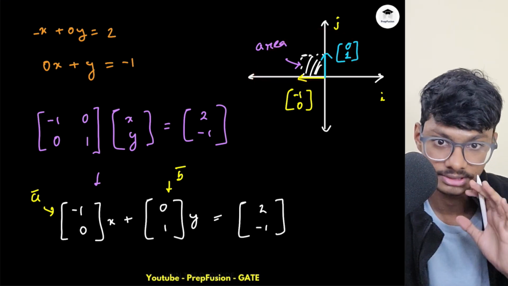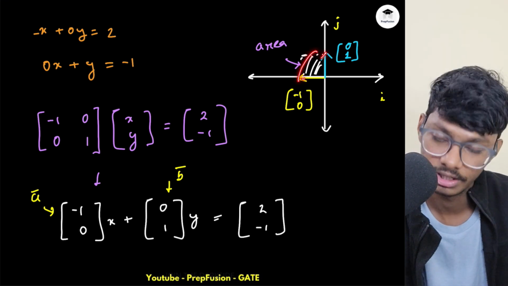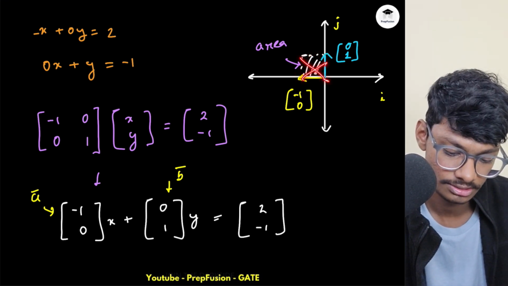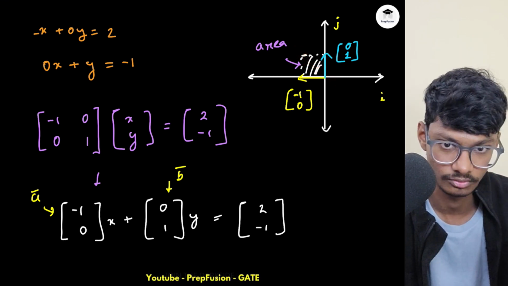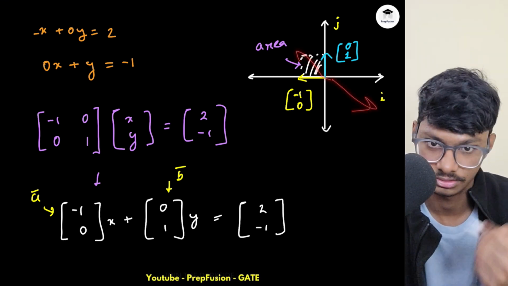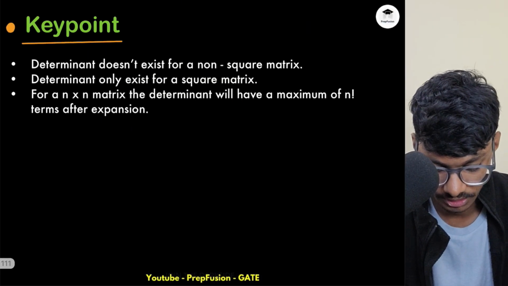Just try to think in that domain: if they are not covering any area, they are in the same line only. How much area are they covering? Or they are directly in the opposite direction. That is basically what I meant.